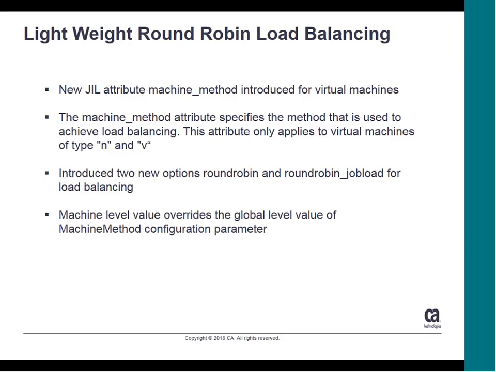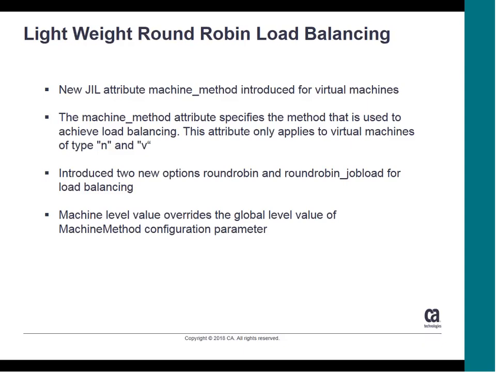Round-robin job load, as the name suggests, actually considers job load. So in the event a machine has been picked up for scheduling based on the round-robin, and then given the job load that the machine is defined with and the number of jobs that are already running on it, if the job load criteria is not met, then this machine is skipped and the next available machine in the list is fetched and the job is pushed to that machine.